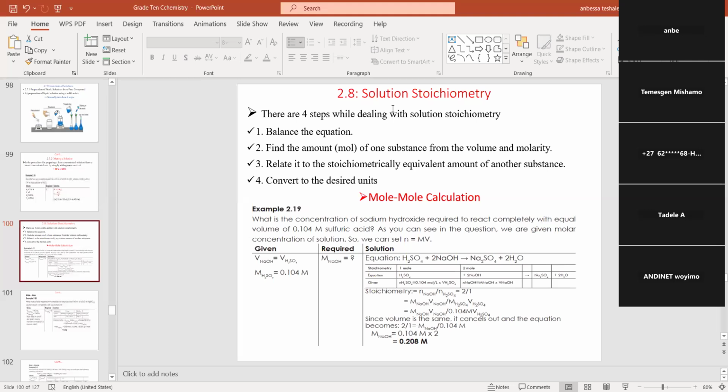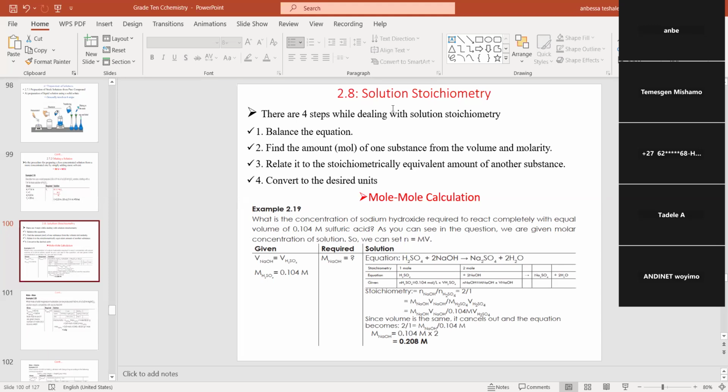The first thing is writing the balanced chemical equation. After we write the balanced chemical equation, we have to convert the given substance to a mole. The substance may be given in terms of liter, in terms of molarity, or in terms of a mass. That must be converted to the mole, because mole is equal to given mass over molecular mass.